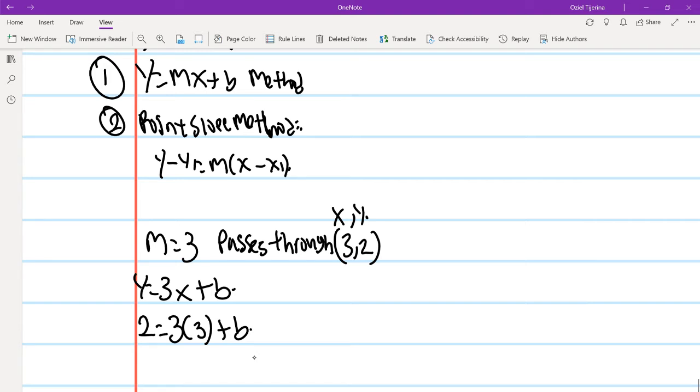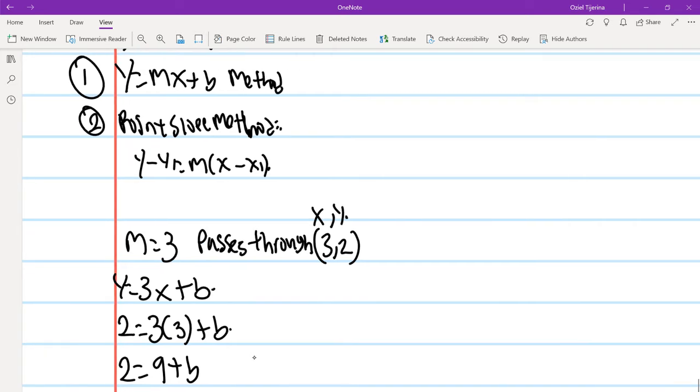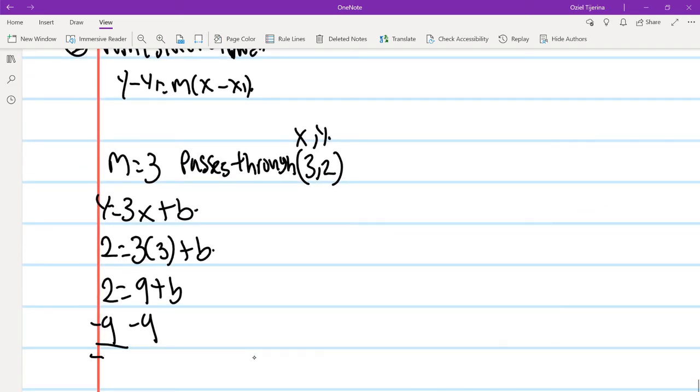So 2 equals 9 plus b, and then 2 minus 9 is -7. So -7 equals b, and then you can write it: y equals 3x minus 7.